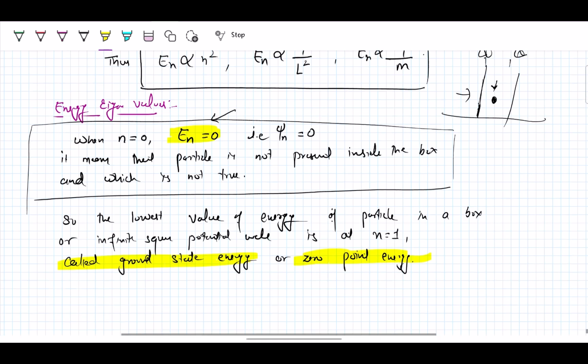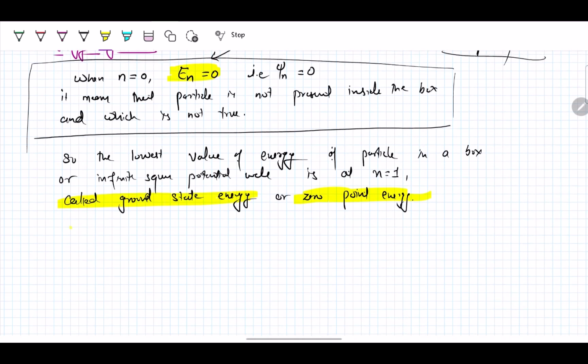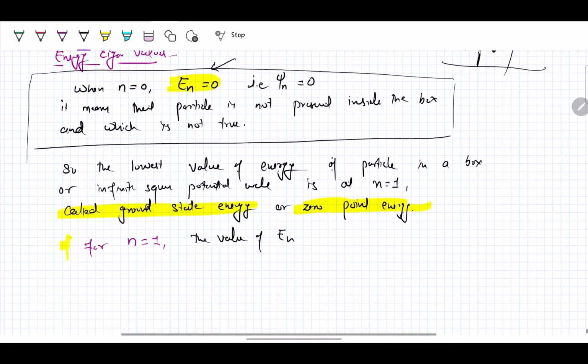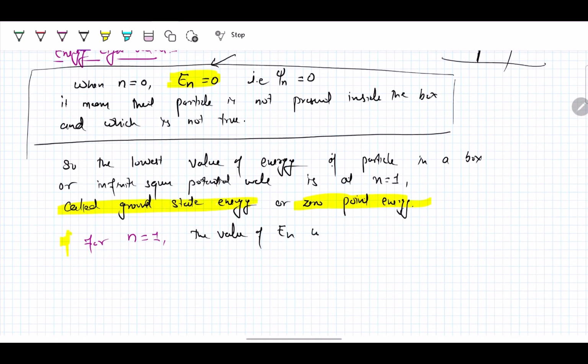For n is equal to 1, the value of En according to equation number 10 will be minimum. So the minimum energy of a particle in a box we get at n is equal to 1.